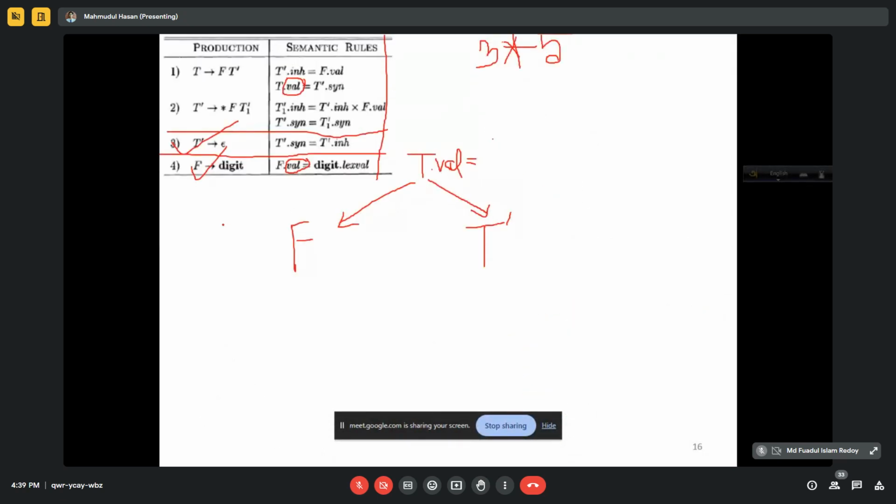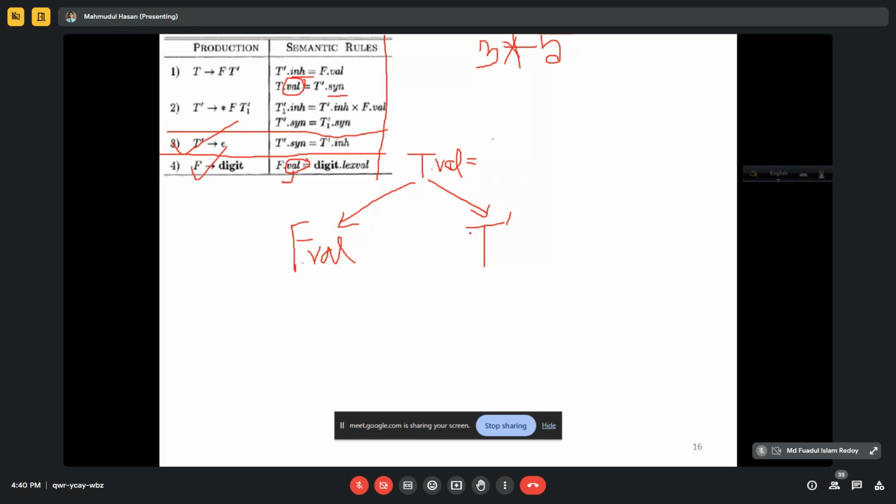So if you think about F, there is only one attribute, the F value. And for T dash, there are two attributes, inherited and synthesized. Inherited value comes from the parent or sibling, and synthesized value comes from children.